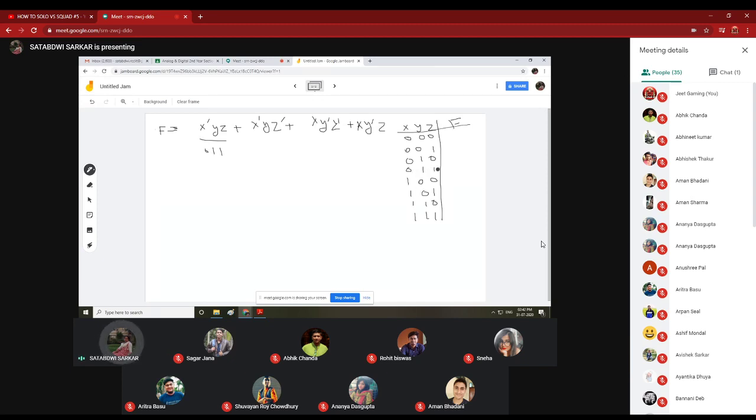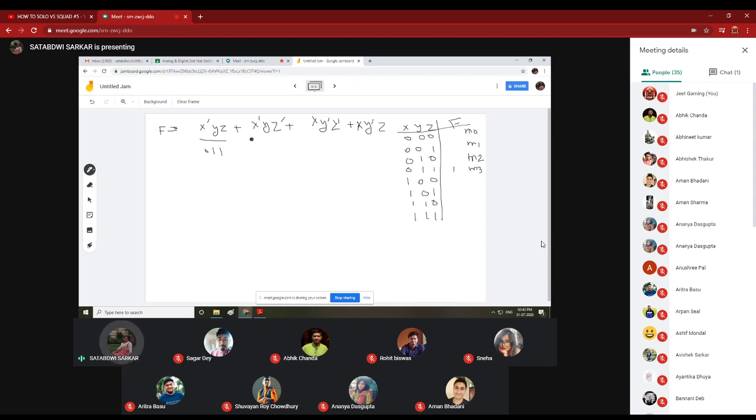So the value of this position is 1. What is the binary value? 3. So we can also write it as M3. This is M0, M1, M2, because we have to put these M values in the K-map.